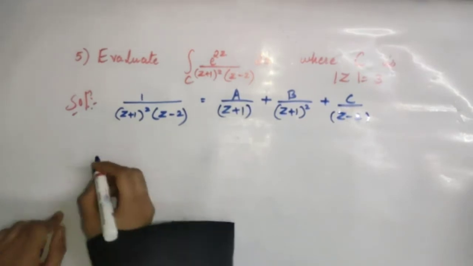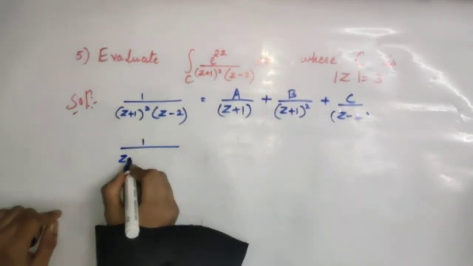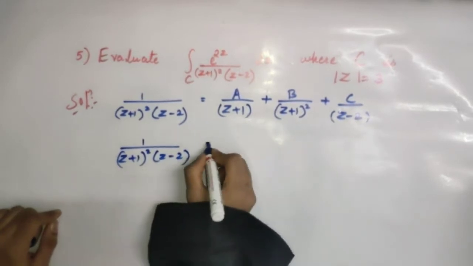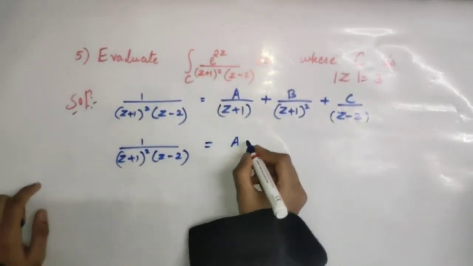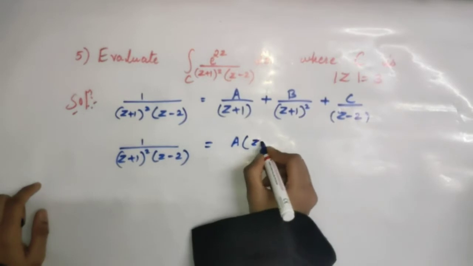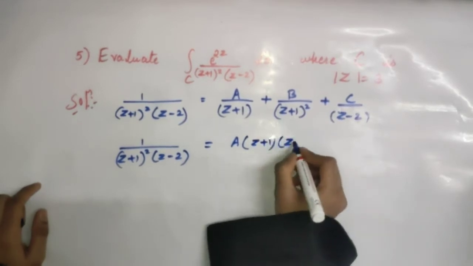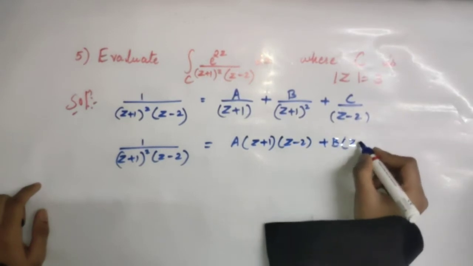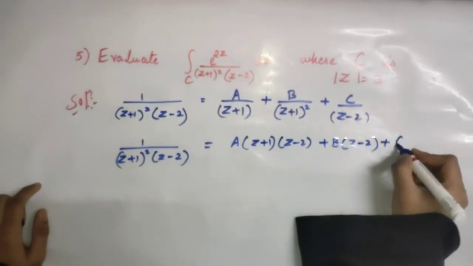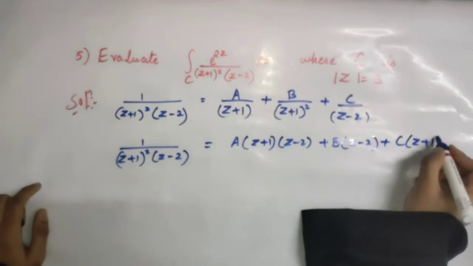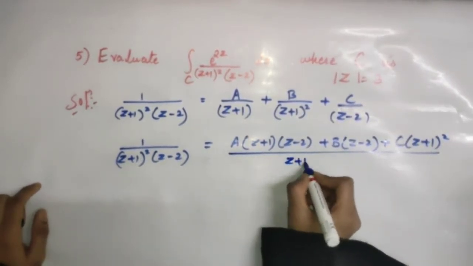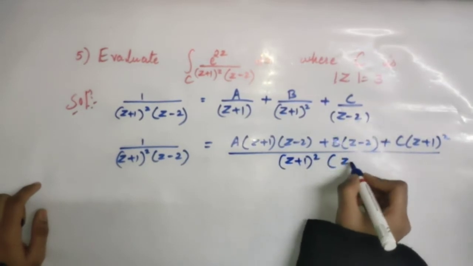Now let us simplify this so as to get 3 separate resolved fractions. You have a into (z plus 1) into (z minus 2), plus b into (z minus 2), plus c into (z plus 1) whole square, divided by (z plus 1) whole square and (z minus 2).